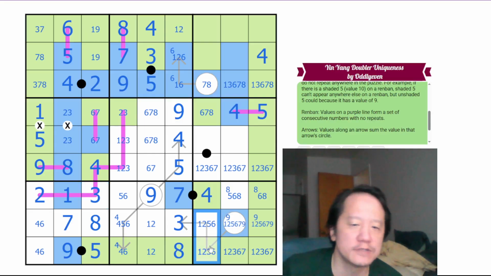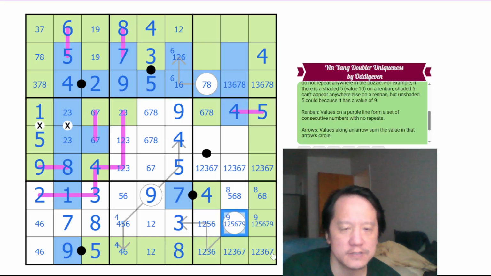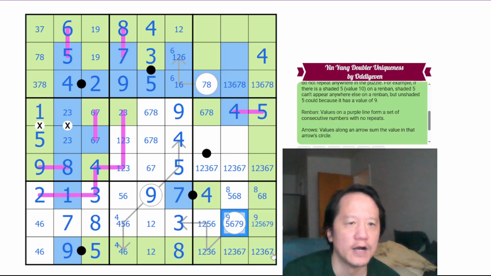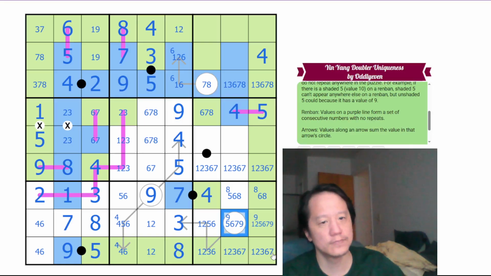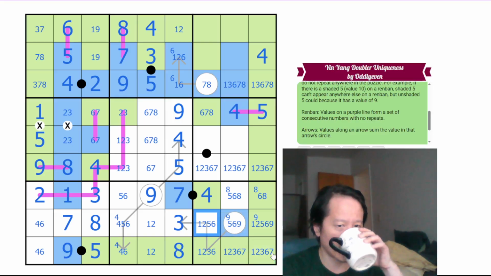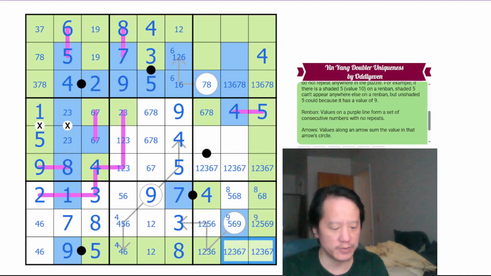You could have 6 here, though. Value of the sum is not less than... It cannot be 1 or 2 here. Can it be 5? The question, though, is... Oh, these can't be 7 here. So we're guaranteed a 7 has to be one of these two.